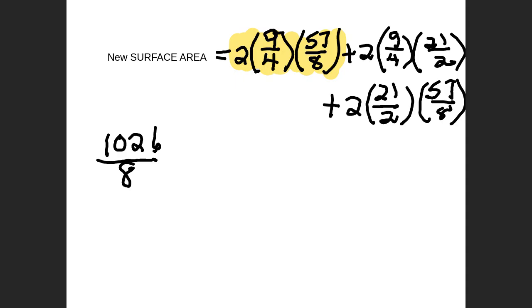Now, we're going to take the second set, this set. And we're going to do the same thing. We are going to multiply 2 times 9 times 21, which is going to give me 378/8.